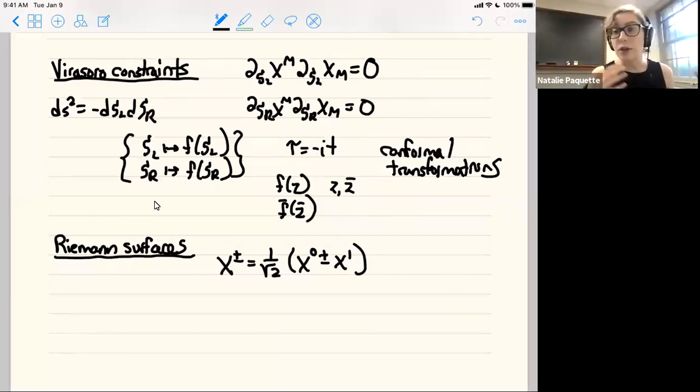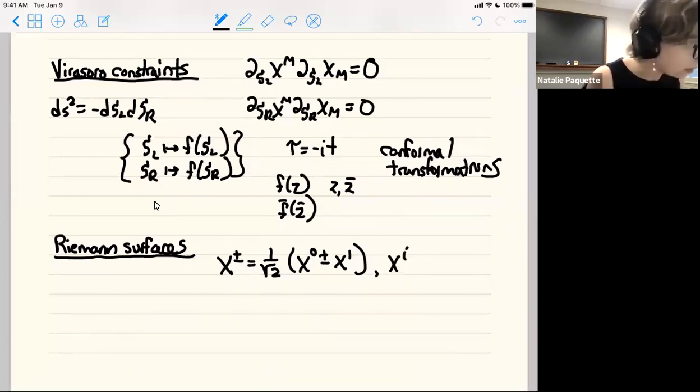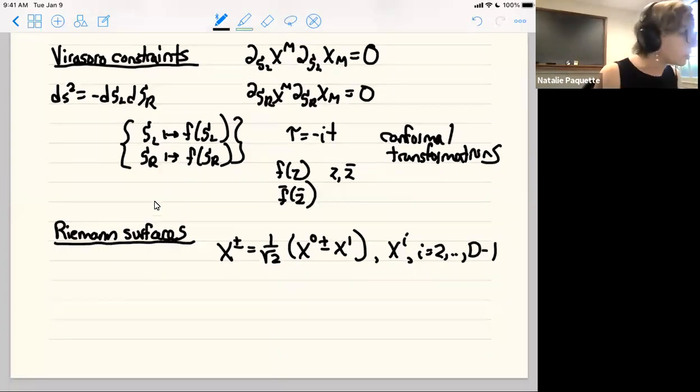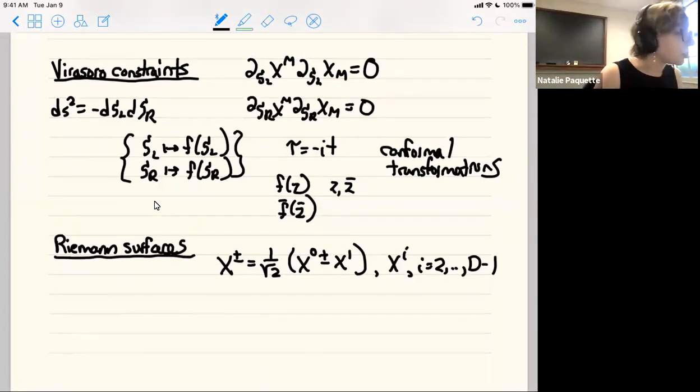X plus and minus can also decompose into left and right moving counterparts, as I will often do. And we'll write the remaining scalar fields with upper index little i, spanning 2 to D minus 1. And now we can use our leftover conformal symmetries to make some convenient choices.